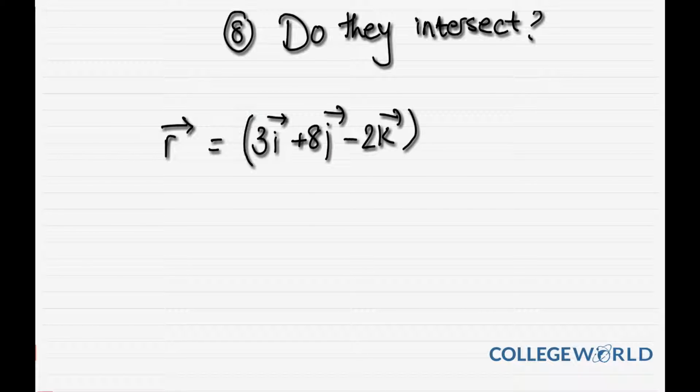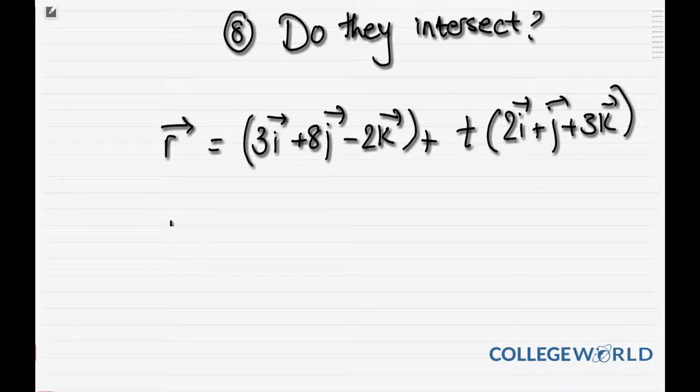Now, in order to explain this further, to make it more obvious for you, I'm going to go for an example instead. So, if the question says show that the lines with vector quantities r equals 3i plus 8j minus 2k, that will be the position vector it passes through, plus t times (2i plus j plus 3k), and that will be its direction.